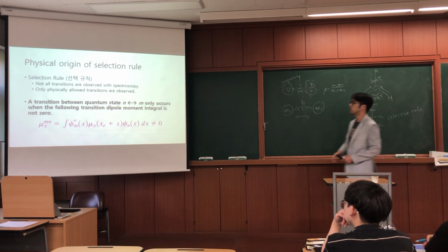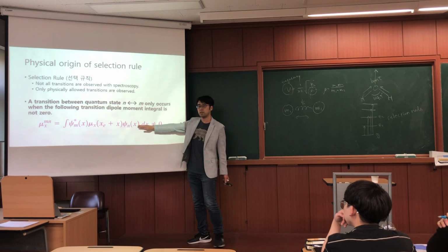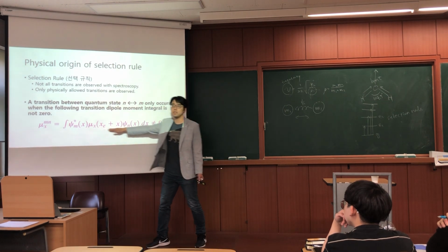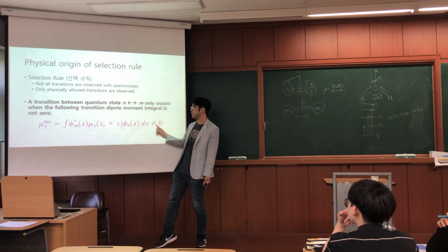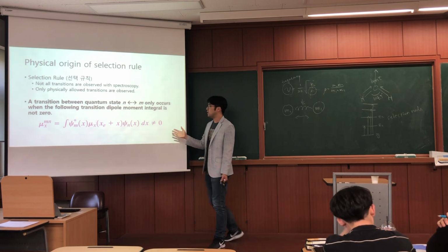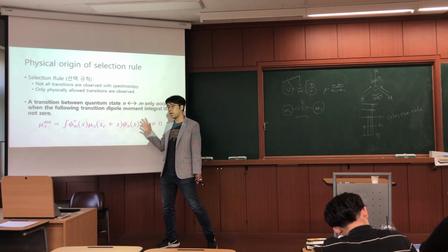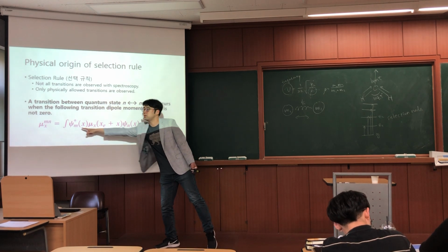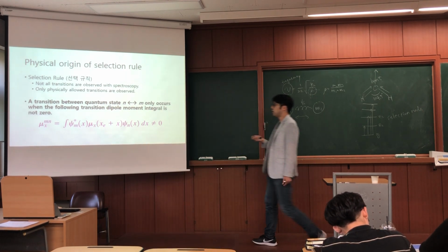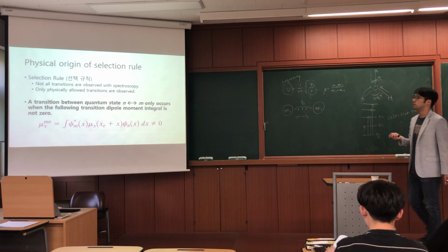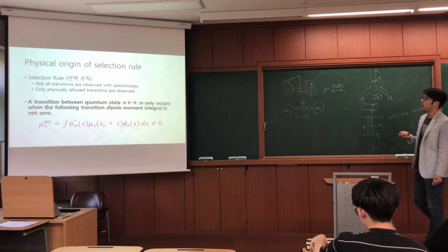This is called the transition dipole moment integral, and when it is not zero, light can be observed when a molecule changes its state from N state to M state. We're not going to solve this integral, it is too hard.